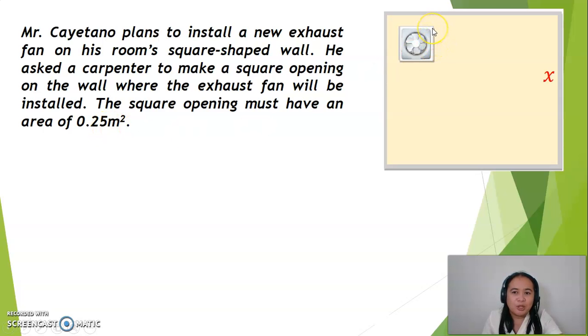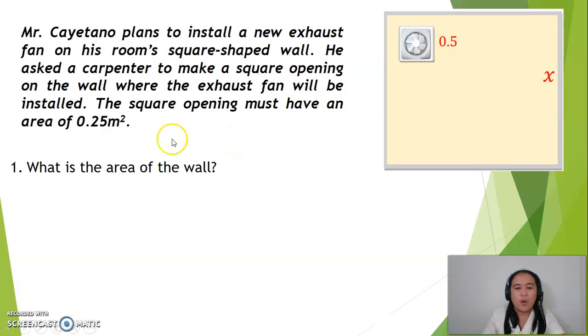So therefore, to get the dimension of one side, we will simply get the square root of 0.25, which is 0.5. So the dimension of this side is 0.5. Now, question number 1. What is the area of the wall? So if one side is x, so therefore its area will be x squared.